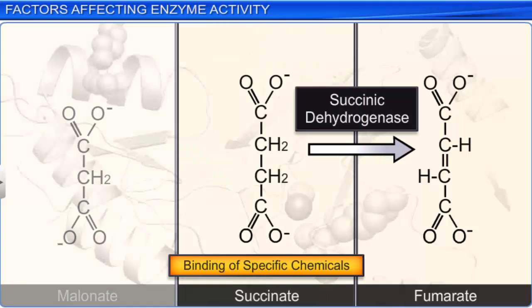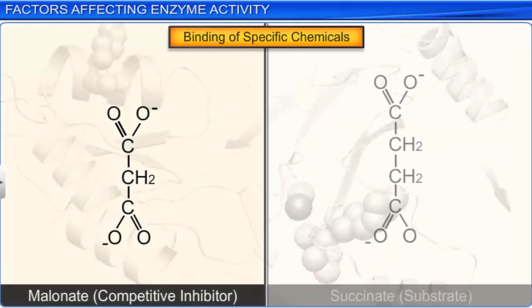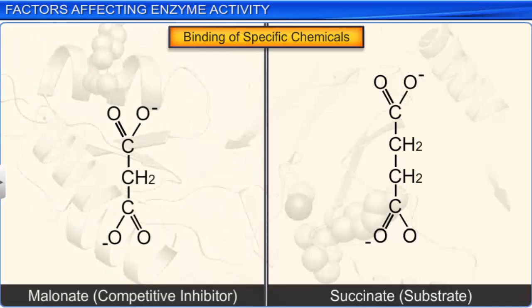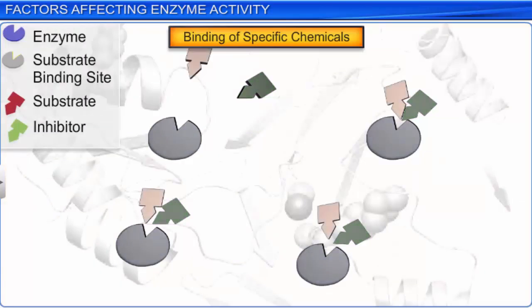Sometimes the molecular structure of the inhibitor closely resembles that of a substrate. Such an inhibitor is known as a competitive inhibitor, and it impacts the activity of the enzyme. Since this inhibitor is structurally similar to the substrate, it competes with the substrate for the substrate binding site of the enzyme.